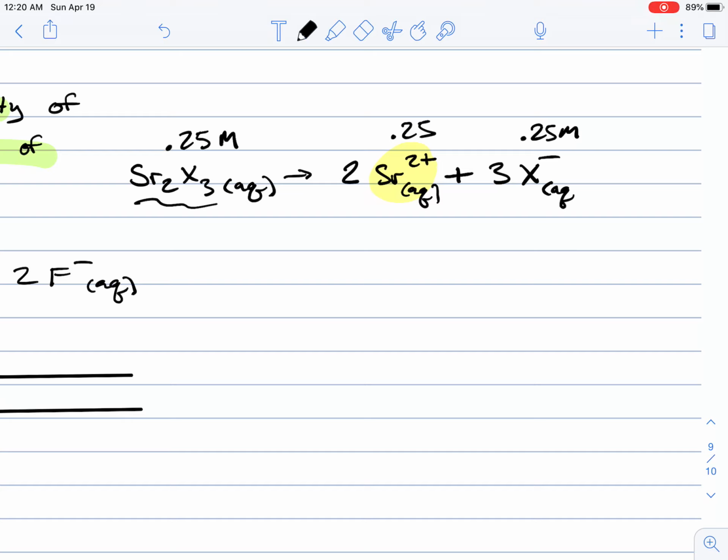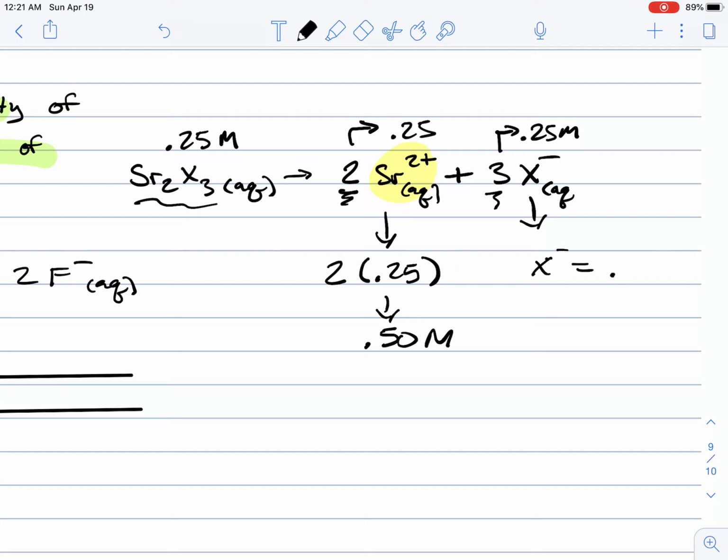Notice that the ratio is 2 and 3, so we have to multiply the coefficient to the concentration. The true concentration for strontium is going to be 0.50 molar. And just for completion, the X minus is going to have a total concentration of 0.75 molar.